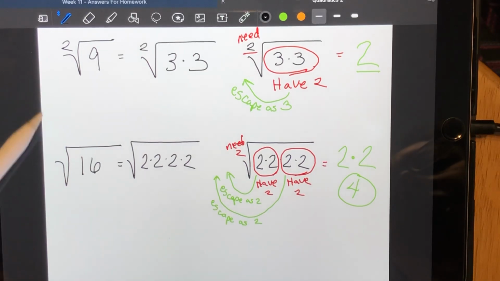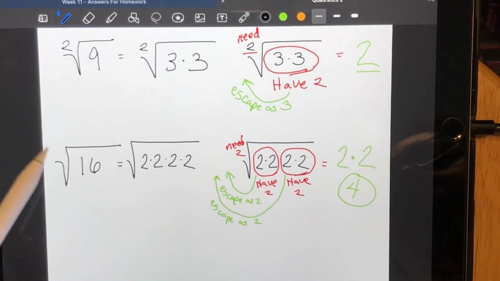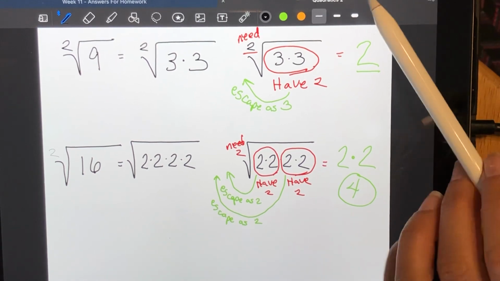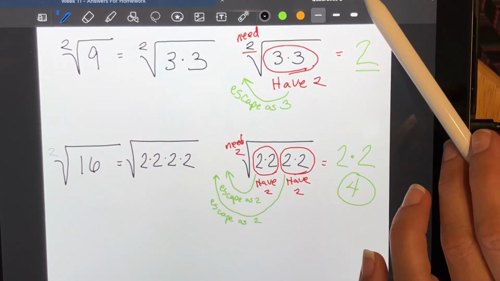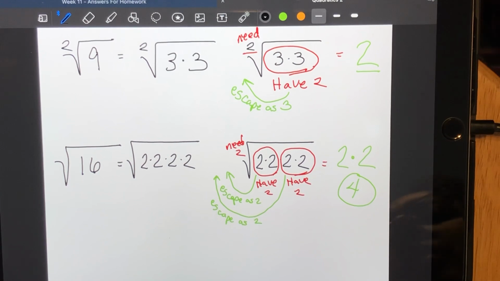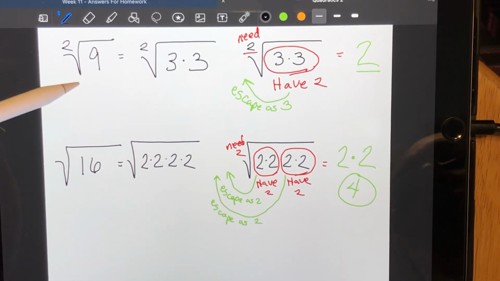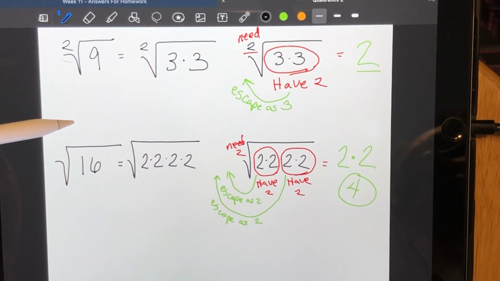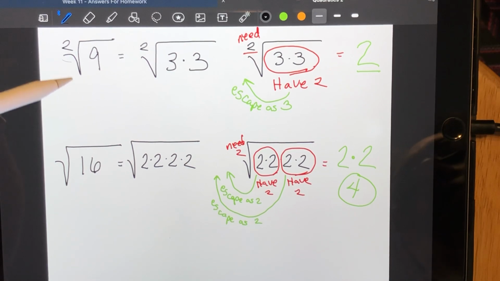In the same way, when we have a square root sign, there is an understood 2, but you will not see the 2 written. It is understood, just as our exponent of 1 is understood. But in this case, I wrote the 2 so that we could see what we're working at. It's telling me I need 2 of the exact same number to solve this root.